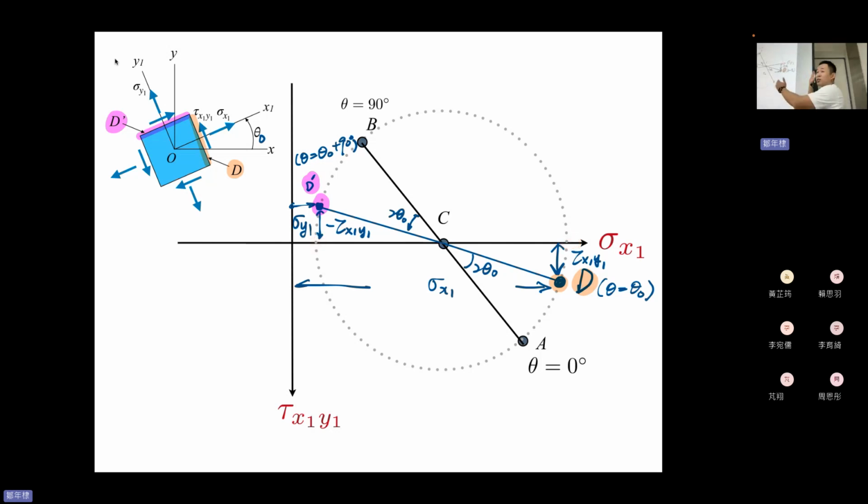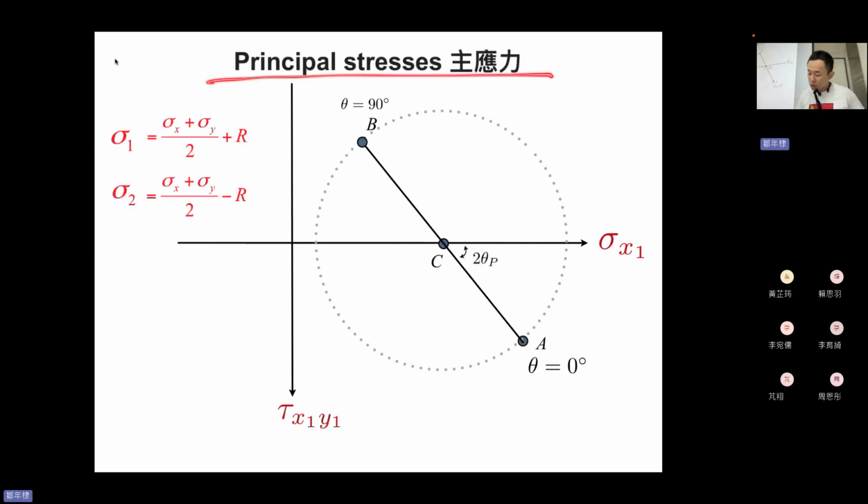So your normal stress, sigma x1, has its maxima here, minima here, right? So it will lead you to the next page. The next page is going to introduce principal stress. The principal stress can give you this one, sigma 1, and this one is sigma 2.